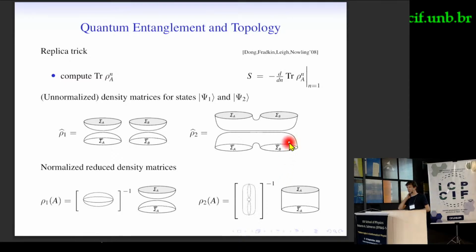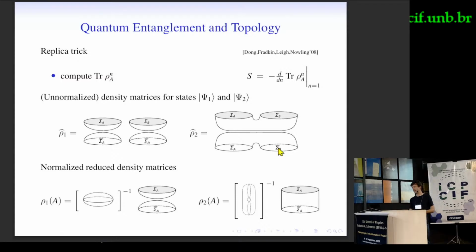Partial trace is the operation where I identify indices of two Hilbert spaces and sum over them, which is like a multiplication, and multiplication is just gluing spaces. For example, if I want to compute the trace over subsystem B, I just need to glue sigma B and sigma B conjugated.